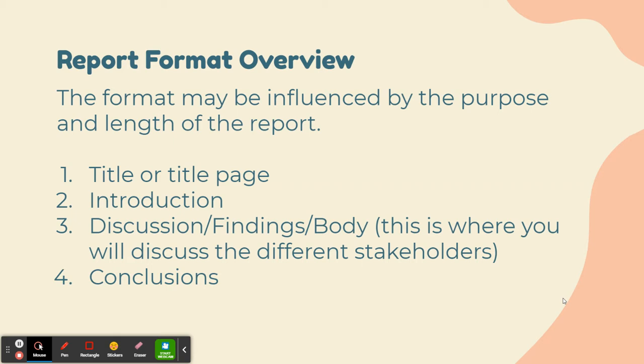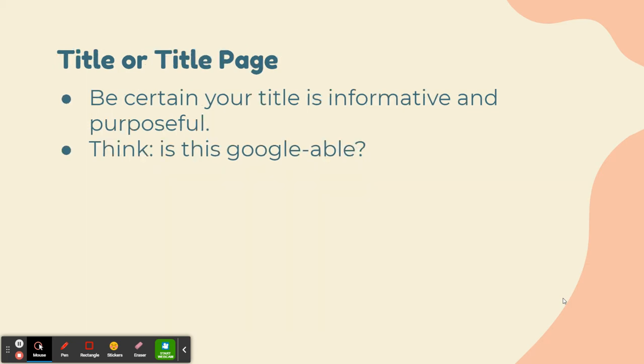You can have a title page, you can have a title, but you don't need a running header, or any of those things that we associate with the 5-paragraph persuasive essay. We're pushing beyond these things to a more purposeful convention. And then there's going to be introduction, discussion, findings, body, and then conclusions at the end. That's the traditional structure.